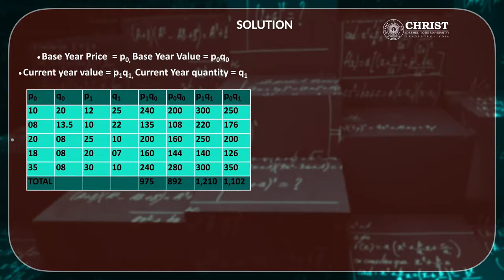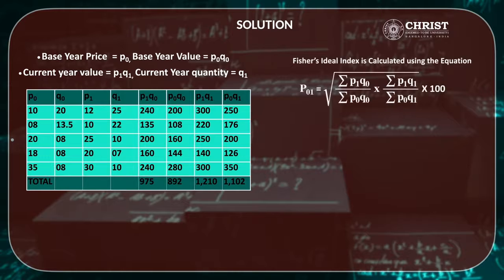Now we will substitute the values in the equation to calculate the Fisher's index number. So when we substitute the values, it is the square root of sigma P1 Q0 divided by sigma P0 Q0 into sigma P1 Q1 divided by sigma P0 Q1, into 100.